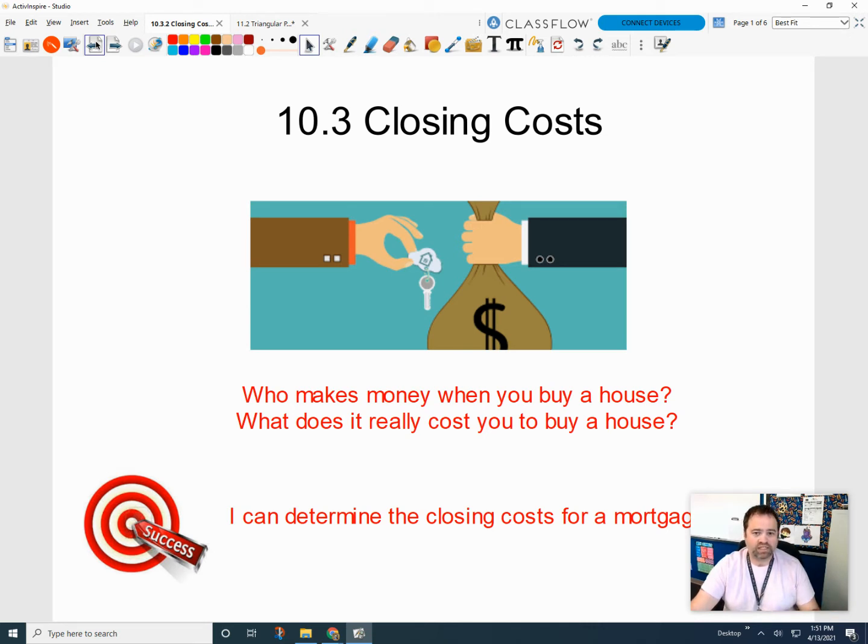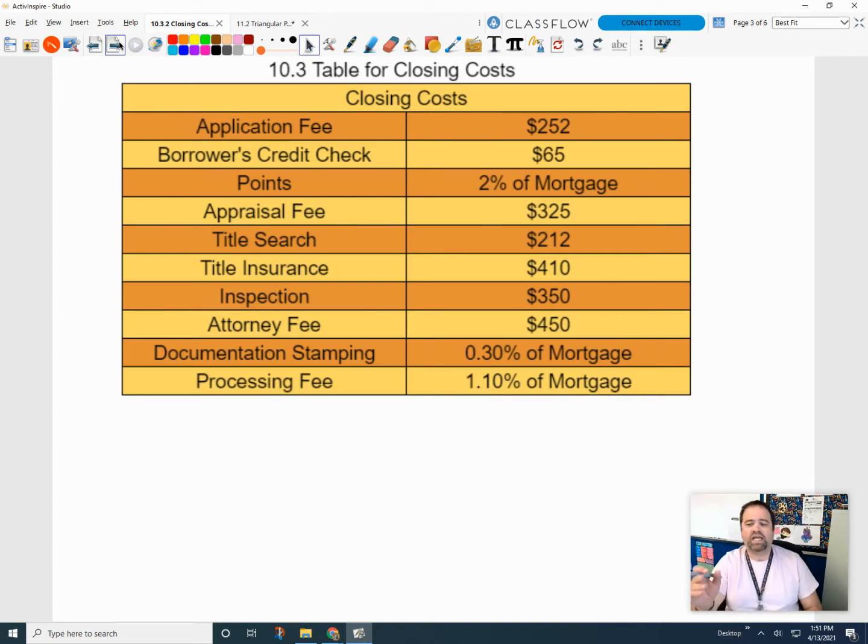So if you make a down payment, you're not borrowing the full amount that the house costs you. If we have a $100,000 house and we make a $10,000 down payment, our closing costs are only going to be based off of the $90,000 that we're actually borrowing. So we're going to have to calculate that down payment and subtract it off before we do the part we did yesterday. A lot of this is going to stay the same.